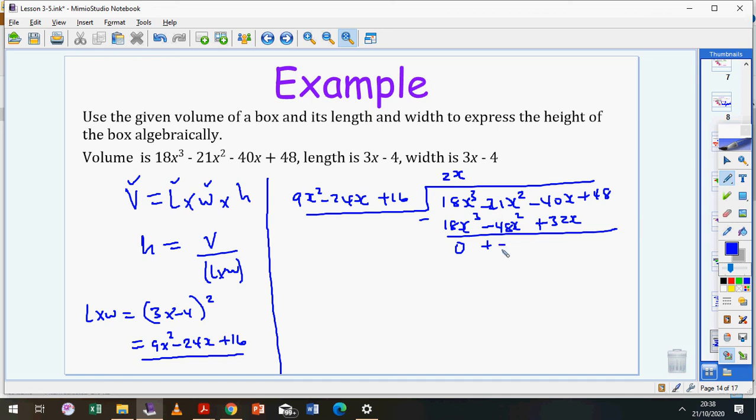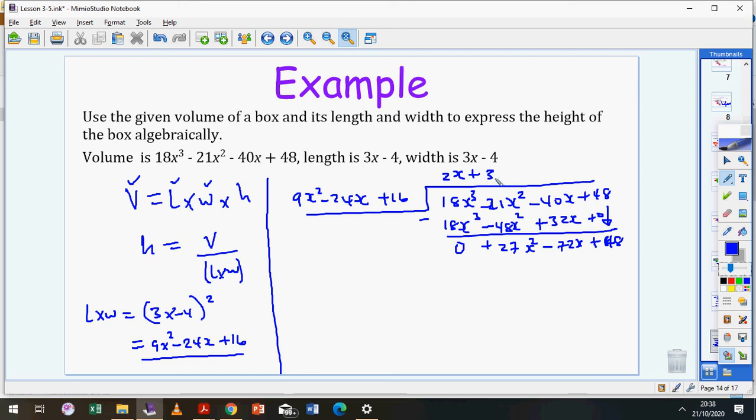Zero. Negative 21 minus negative 48 is positive 27x squared. Negative 40x minus 32x is negative 72x. And then finally plus 48, because this just comes down here. 27x squared divided by 9x squared. 27 and 9 is 3, x squared and x squared is just 1, so there's no x.